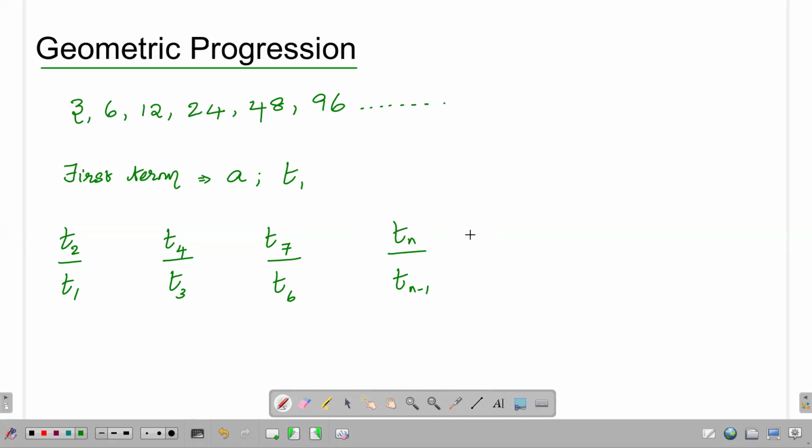So that is why, as far as geometric progression is concerned, we have something called the common ratio. Like arithmetic progression has a common difference, geometric progression has a common ratio. Please make a note of this point.